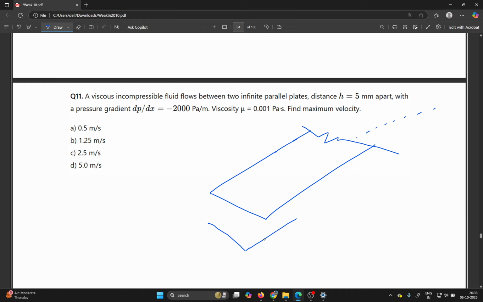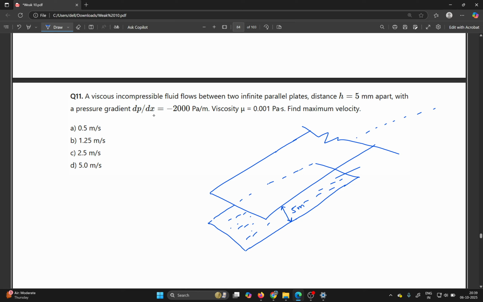These are your parallel plates, and the distance between the plates is 5 mm. The viscous incompressible fluid is flowing between these two plates.